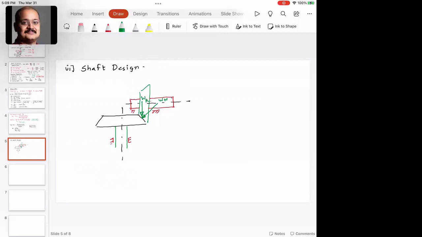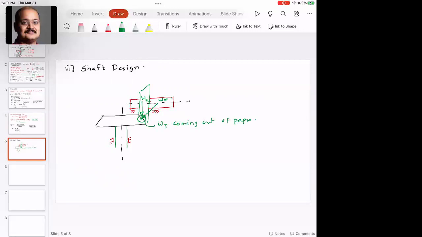And please understand, in this configuration, the tangential load, Wt, is coming out of the paper. So this is a three-dimensional state of loading.